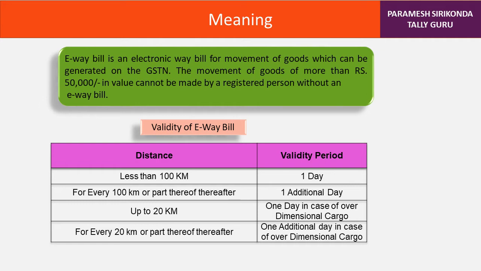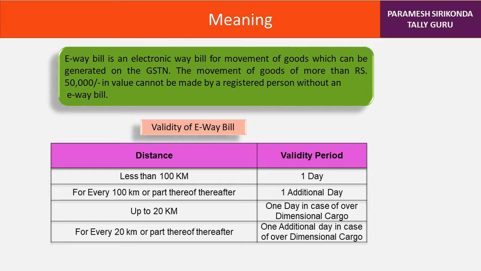If the distance is less than 100 kilometers, validity for the e-way bill is only 1 day. For every additional 100 kilometers or part thereof, there is an additional 1 day. Hyderabad is far from Vijayawada, so if I send goods to Vijayawada, I will get 2 days because it is more than 100 kilometers.